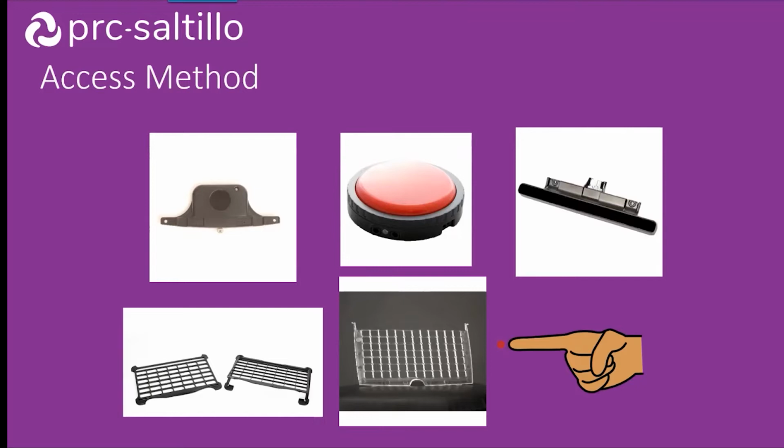So do they have that head movement and can they use it to access the buttons on the screen? And then we also have an eye gaze or an eye tracker that is going to track your eyes. So maybe they don't have that head movement, but they have the range and eye movement to track on the screen. All of those are possibilities for accessing communication and keeping that in mind.